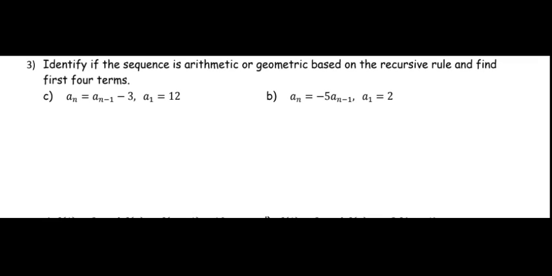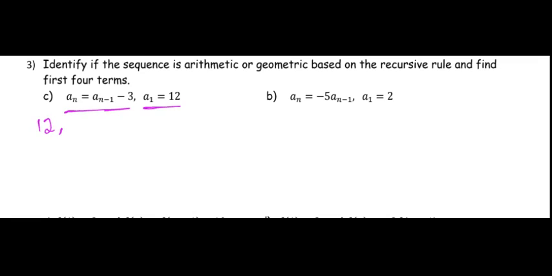Looking at the first example, we have a sub n equals a sub n minus 1 minus 3, and the first term is 12. I can see that this follows the arithmetic sequence recursive rule because the term is the previous term minus 3.